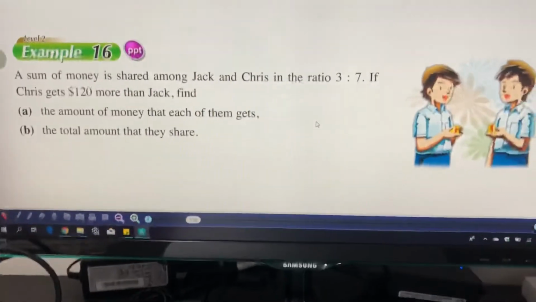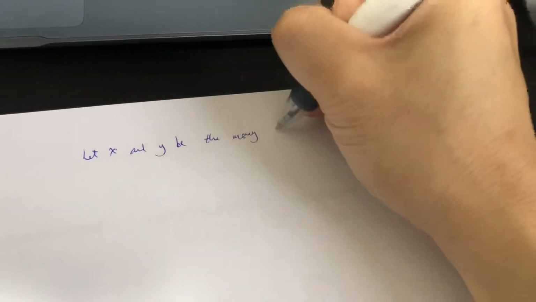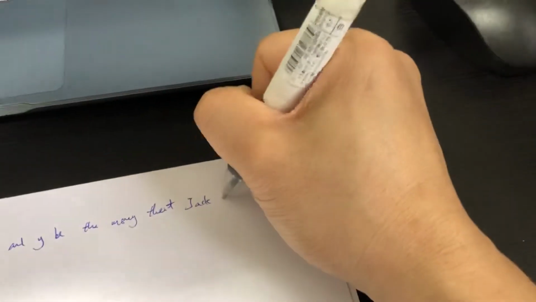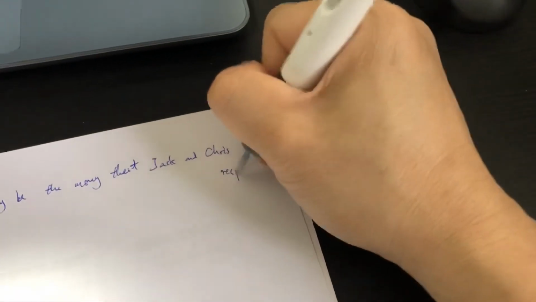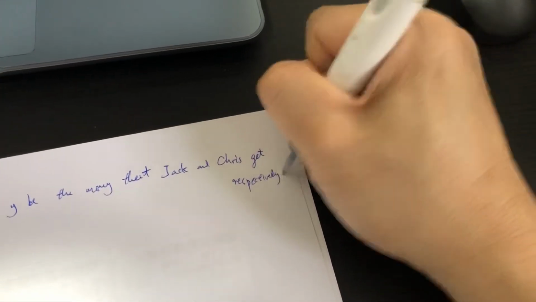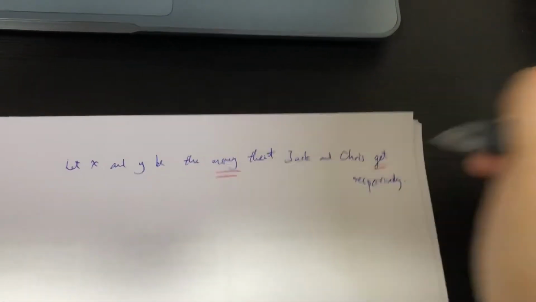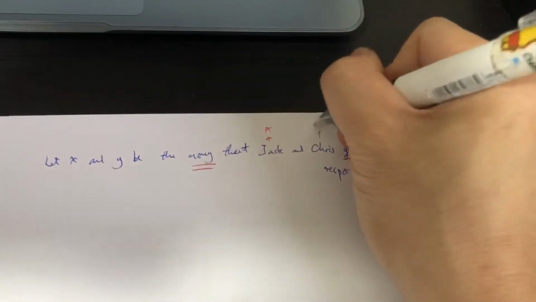So the unknowns x and y will represent the money that Jack and Chris get respectively. So x and y represent the money they get. The first one is Jack, the second is Chris.